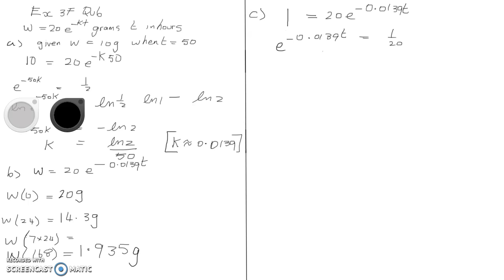If we take the natural log of both sides, we'll get minus 0.0139t equals the natural log of 1/20.